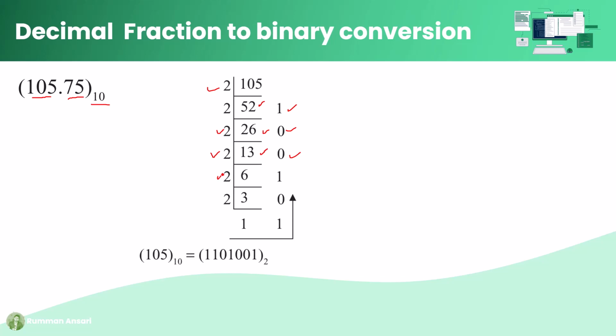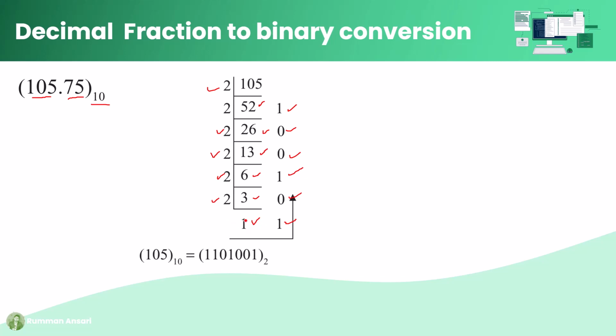And again, we divide, then we get 6 and the remainder will be 1. If we do it again, the answer will be 3 and the remainder 0. And lastly, if we divide again, we get 1 as the result and the remainder also 1.